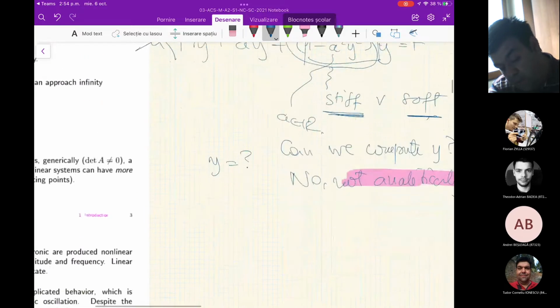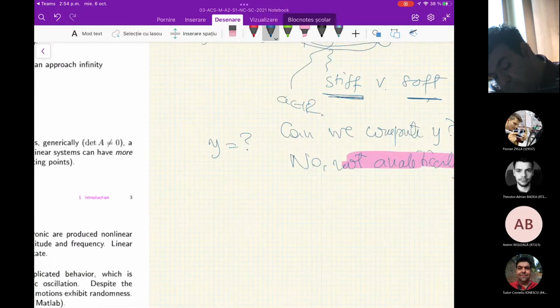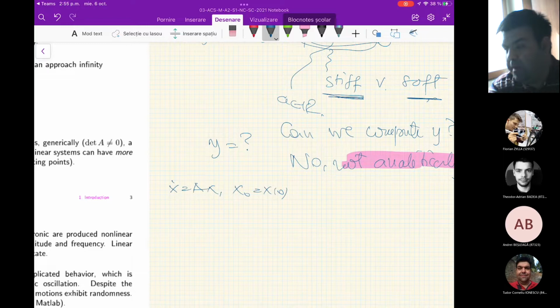Fine. So now I have the differential system x dot is Ax with the initial condition x0, because we know that for dynamical systems the initial condition is really important.